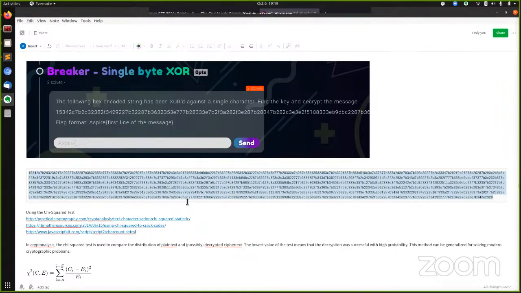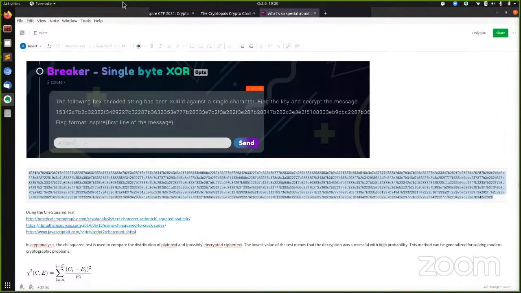So if we take our ciphertext and decrypt it with various bytes, then compare the distribution of E's, and those E's approach 12%, we know we have a high probability of that being the correct decryption.